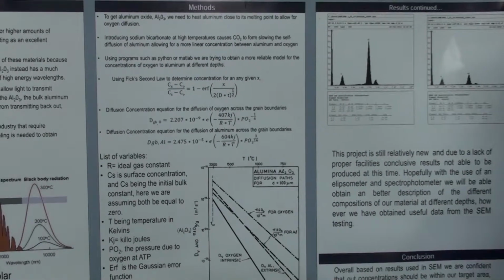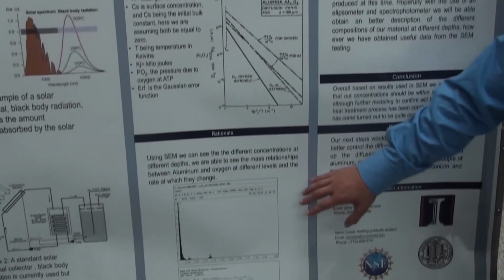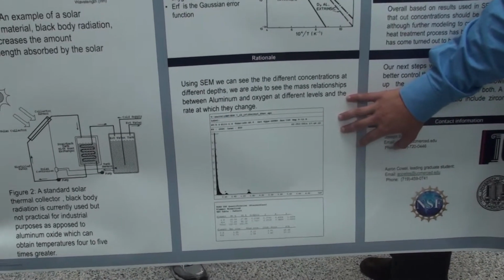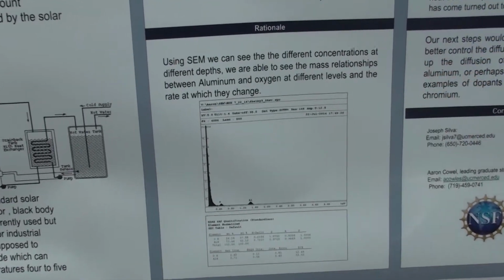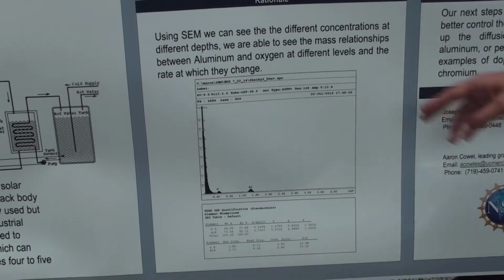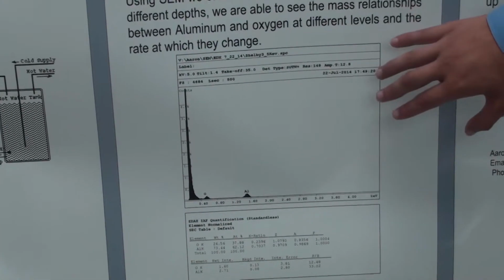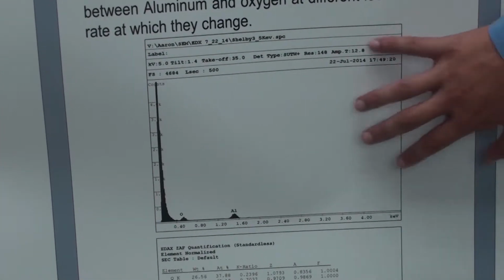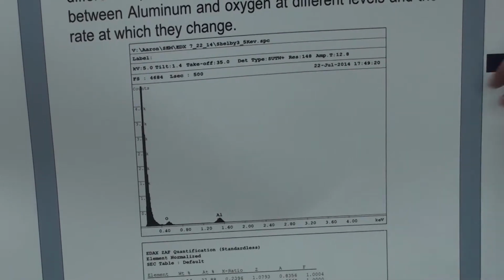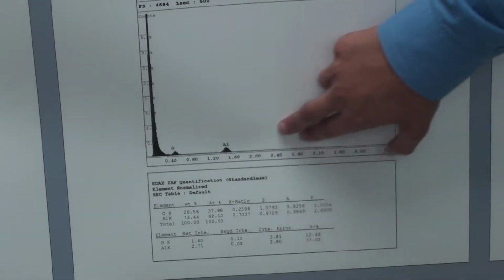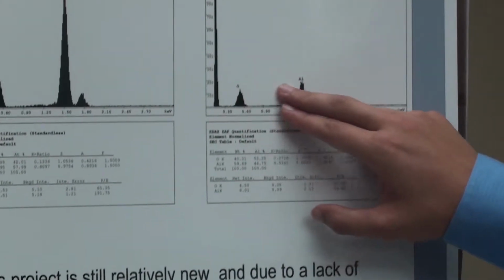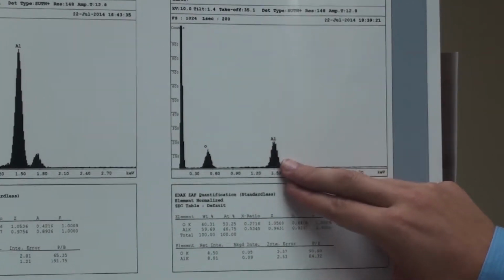Currently, we're just using SEM, scanning electron microscopy, to get the concentrations at different depths. Different depths correspond to different kilovolts. This is 5 kilovolts. You can see that the aluminum to oxygen is pretty close. At 10 kilovolts, you're getting a little more aluminum.